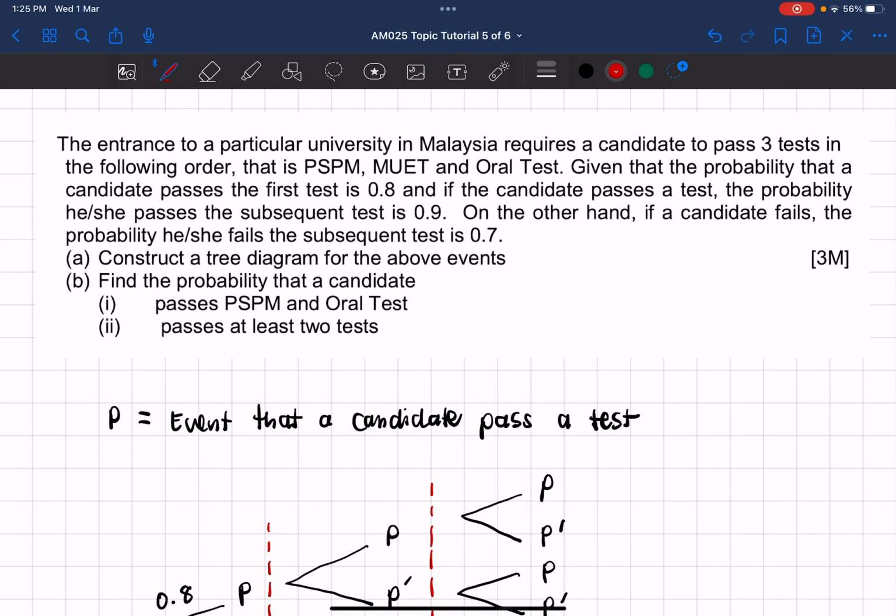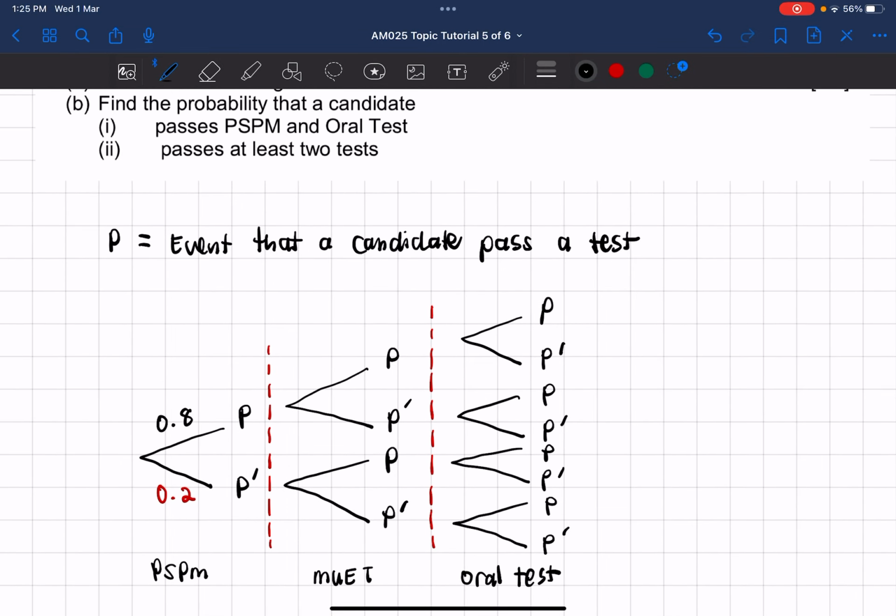Now, let's read some more. If the candidate passes a test, the probability he or she passes the subsequent test is 0.9. So we're going to write down 0.9 if he or she passes the first test.